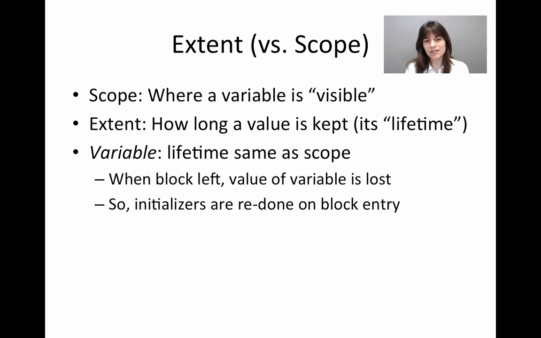For variables, the lifetime, the extent, is pretty much the same as the scope. As soon as we leave the block of code where the variable was declared, then the value of the variable is also lost. So if I declare, for example, inside the method body a variable called z, as soon as the method completes its job and finishes, then the value of that variable, the local variable inside the method, is also lost.